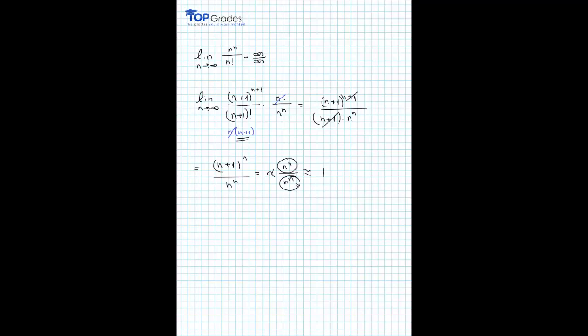Can I say this or not? I'm not expecting you, of course, to understand why, but the reason is very big wrong. You do this, you lose points in your test. If the power is also changing, it's different than if the power is a finite number like 2 or 3 or something else. So I can't do this.